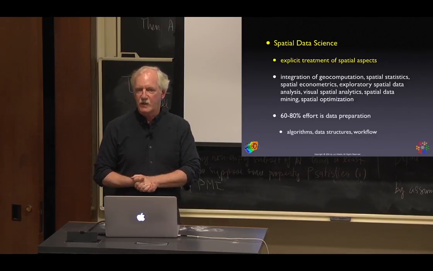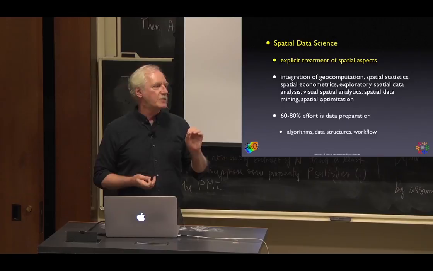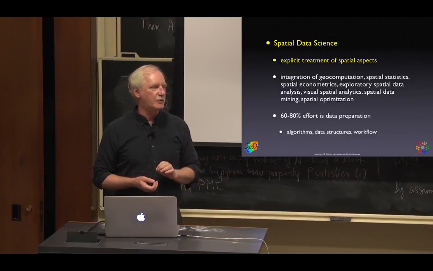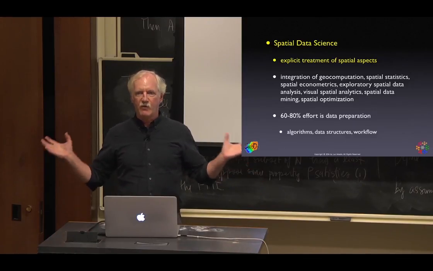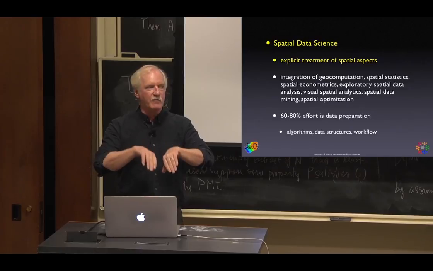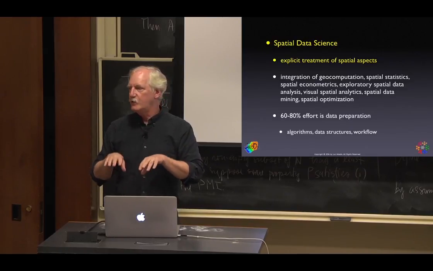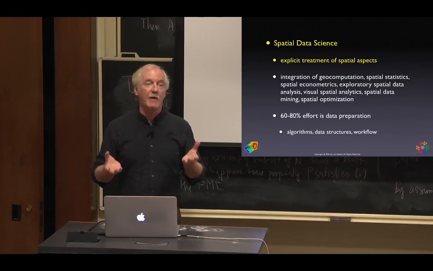Why do I stress this? Because in most of these methodologies, space is not explicitly taken into account. So in a lot of data mining, you throw everything in there and the solution comes out. But where these phenomena are is not taken into account explicitly. And of course, my personal bias is that that matters.